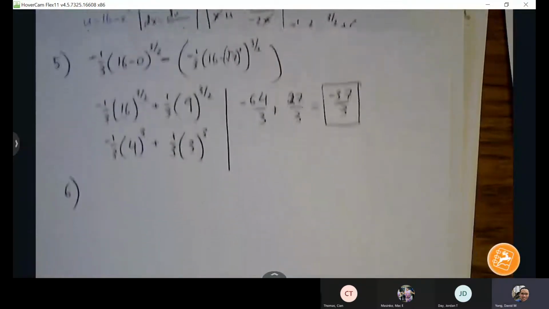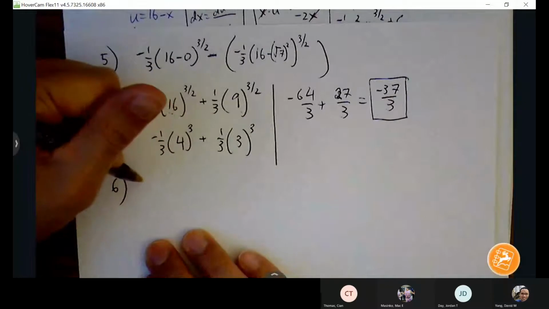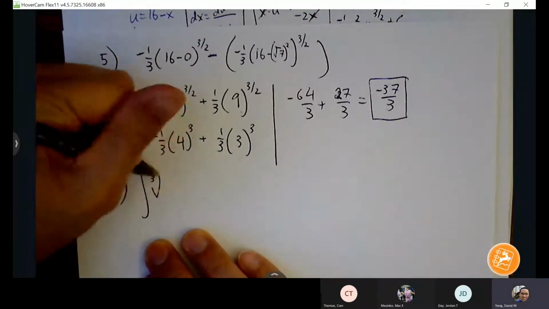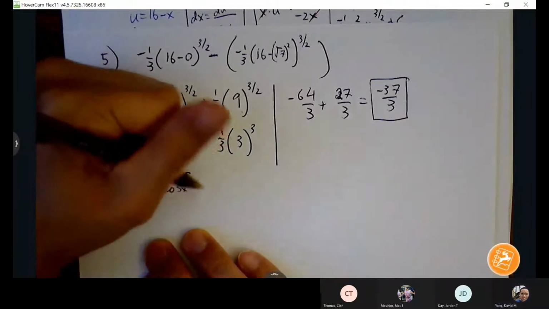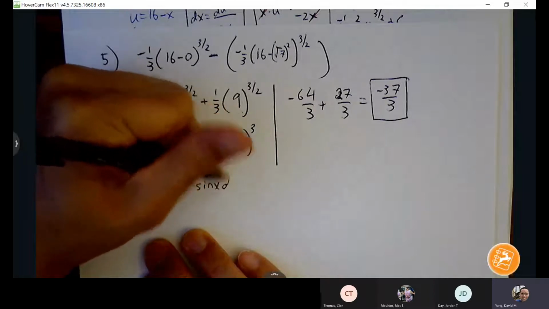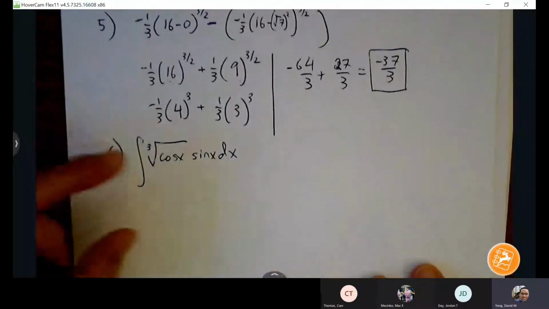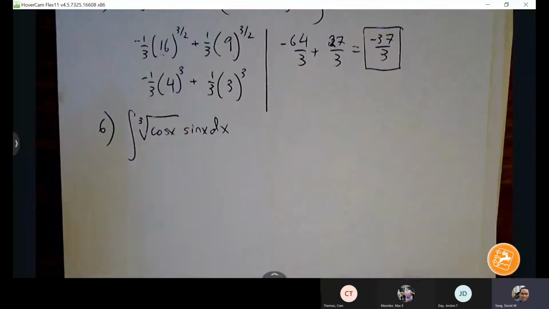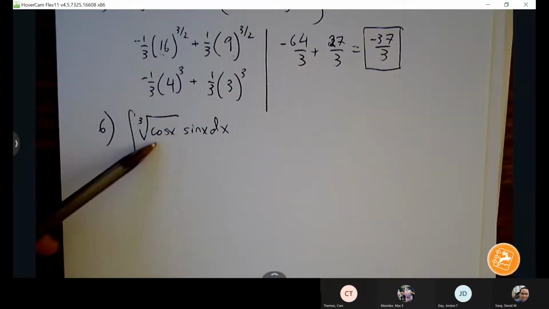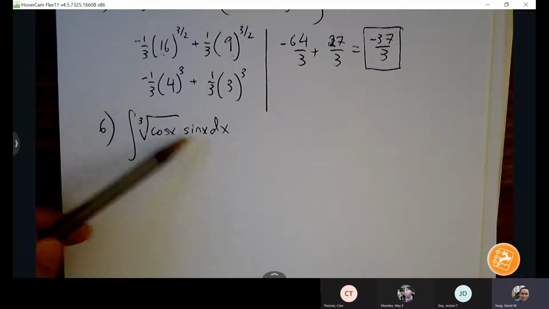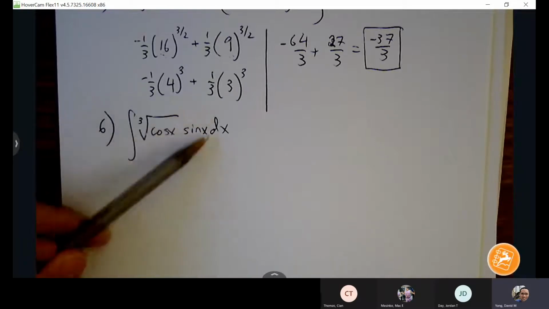Okay, let's look at number 6. I'll do a variation of this problem a little bit later. Let's do this one as it stands. First things first, we can't look at this and say, okay, I'll do a rule for cosine, I'll do a rule for sine. This is one big rule, right?